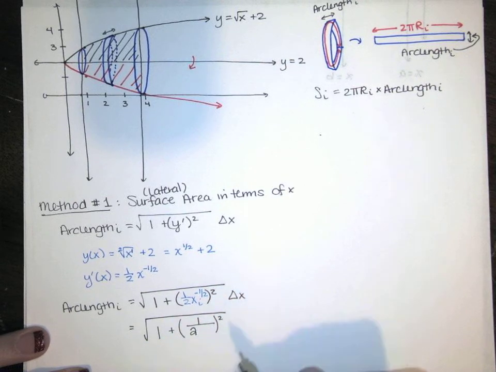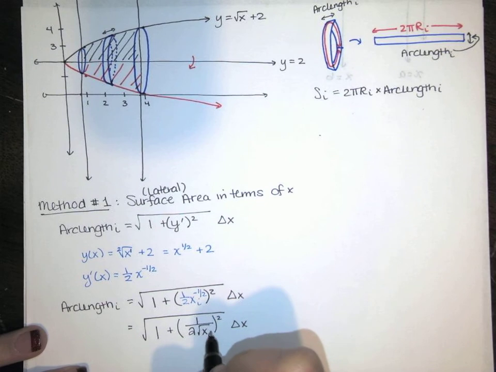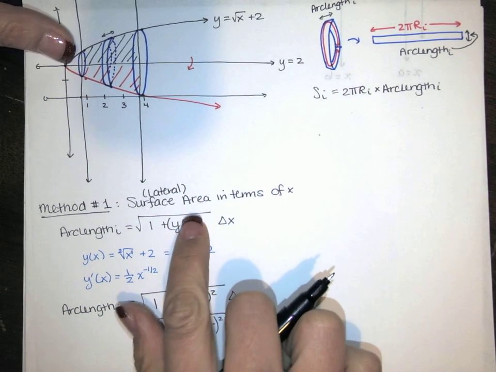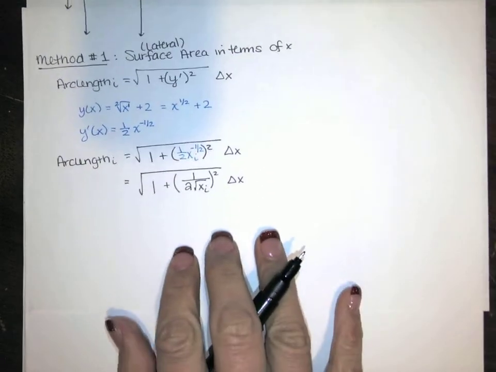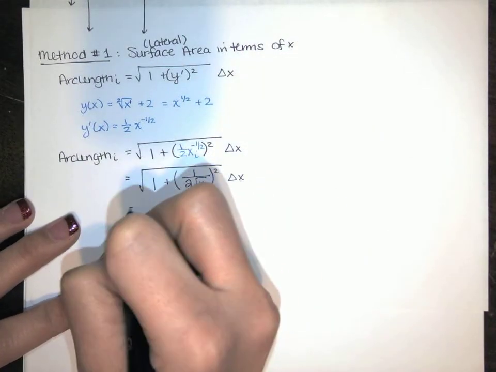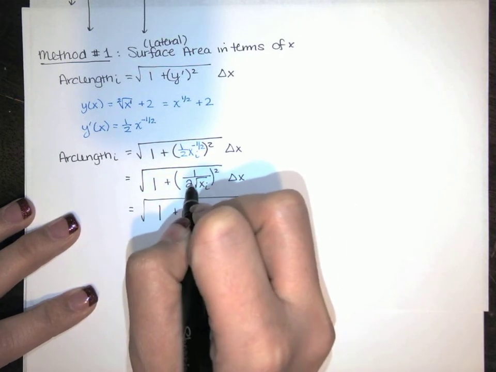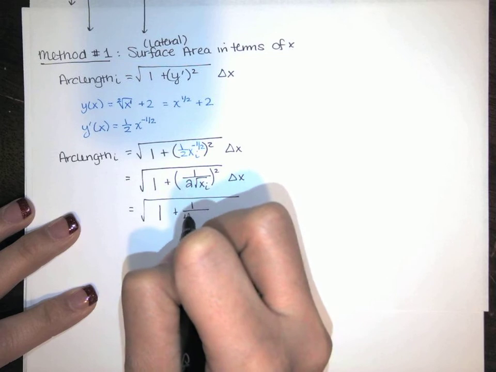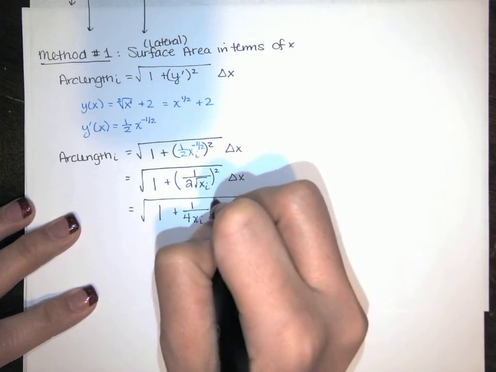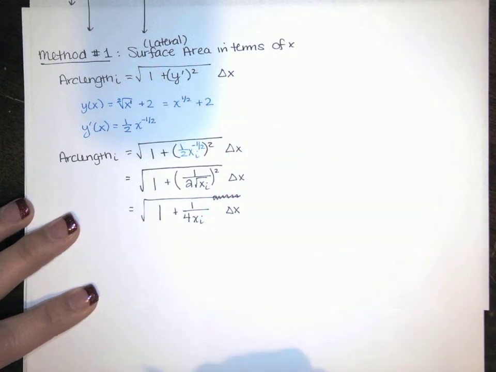So this is 1 over 2 times the square root of x in the denominator. I'm talking about the ith x value, so this should be the derivative evaluated at x sub i. And then if I want to square this fraction, I square the numerator and square the denominator. 1 squared is 1. 2 squared is 4. Square root of x squared is x. That's where our radical stops. Delta x is over here.